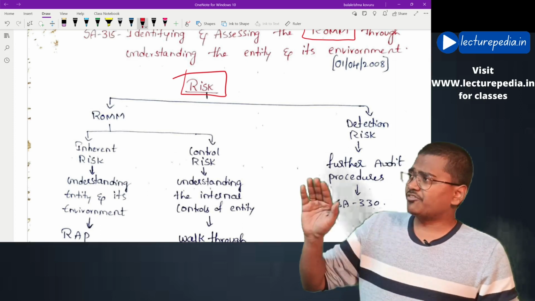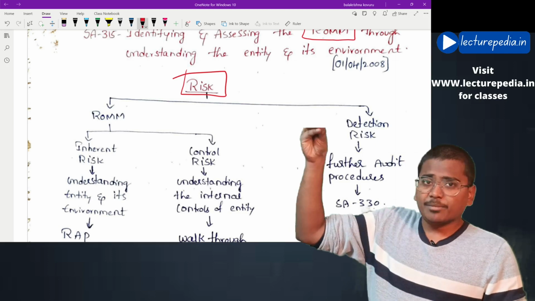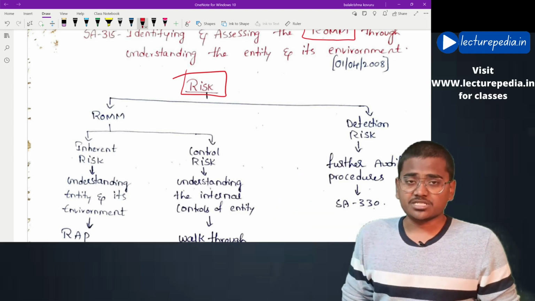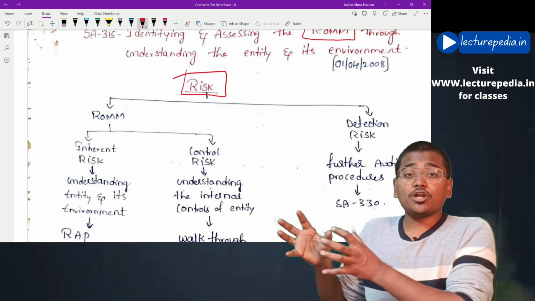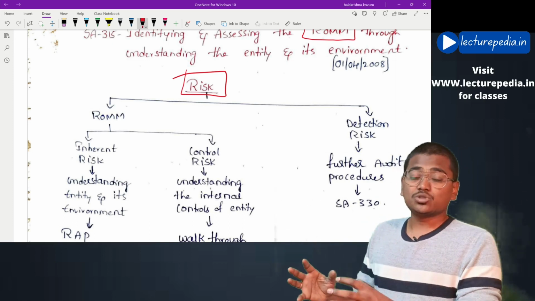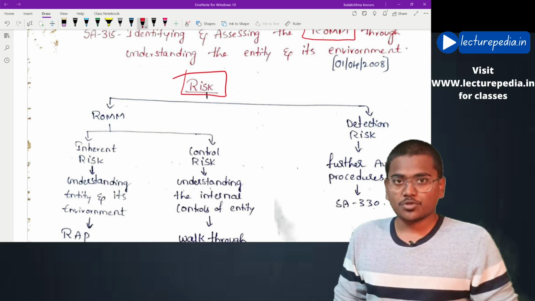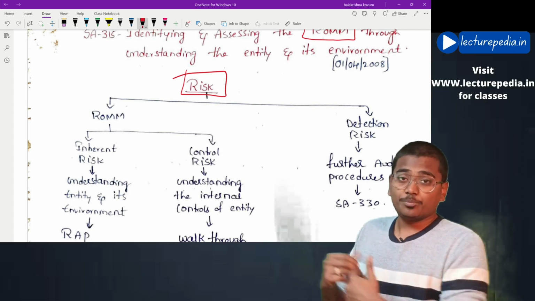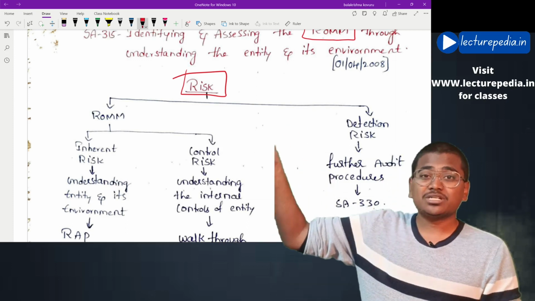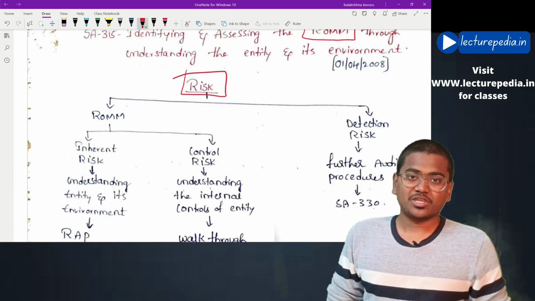Let's say the financial statements are materially misstated. There are material misstatements in the financial statements, but auditor gives unmodified opinion, a clean opinion. This is an example of audit risk. The risk that auditor might give an unmodified opinion when the financial statements are materially misstated is known as audit risk. Hope this is clear.